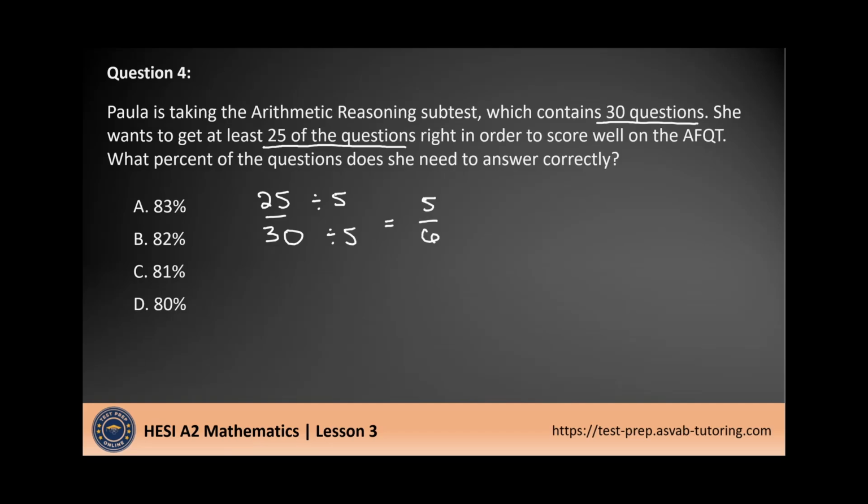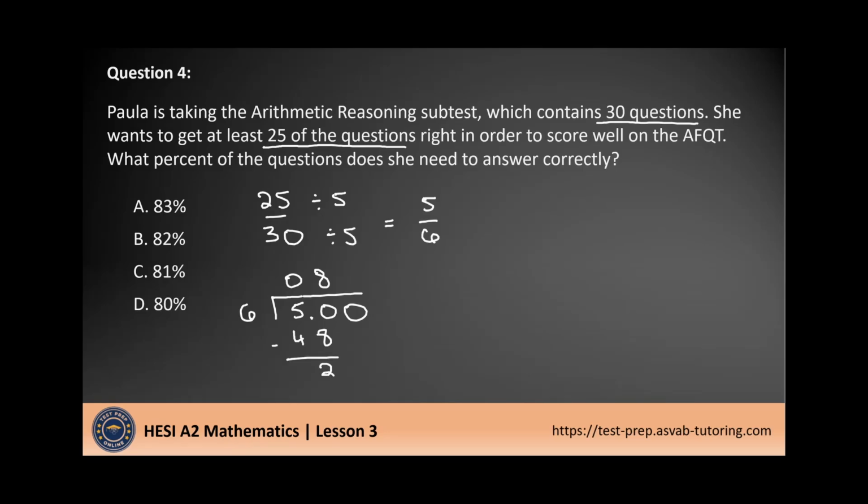Now we'll need to turn that into a decimal using long division. 5 is being divided, it's going in the box. 6 is doing the dividing, it's going outside the box. 6 does not fit inside of 5. Let's add a decimal and some zeros. 6 goes into 50 8 times. 6 times 8 is 48.